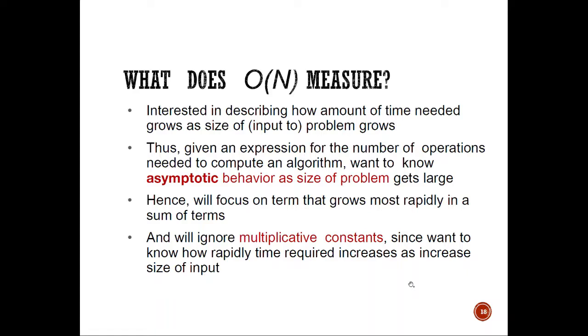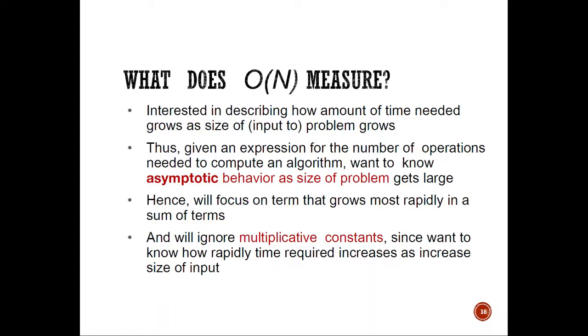So what does this O of n, or big O, measure? Since we are interested in describing how the amount of time changes or grows as the size of the problem grows, given an expression for the number of operations needed to compute an algorithm, we would like to know the asymptotic behavior as the size of the problem gets large, in the sense that as the input size n tends to infinity.